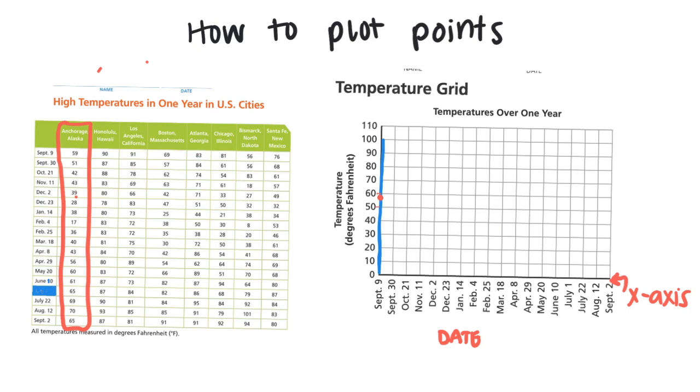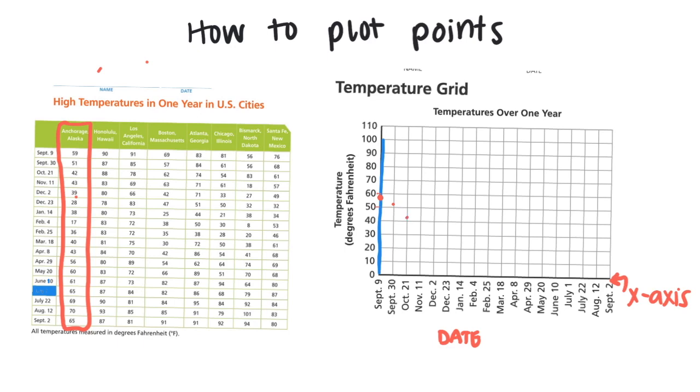Then I would go to my next one, which is September 30th. September 30th, the temperature was 51 degrees. So now I plot on 51, which is a little bit lower than 59, right? Then I have October 21st, and that is 42. Okay, so then I plot 42.